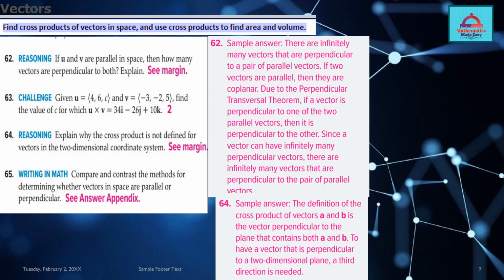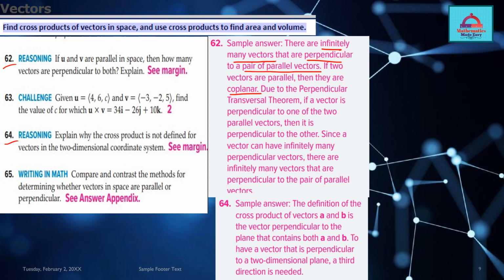So for questions 62 and 64, the sample answer is given here. You just have to explain, if U and V are parallel in space, then how many vectors are perpendicular to both. So there are going to be infinitely many vectors that are perpendicular to a pair of parallel vectors, and this is because if two vectors are parallel, then they are coplanar.